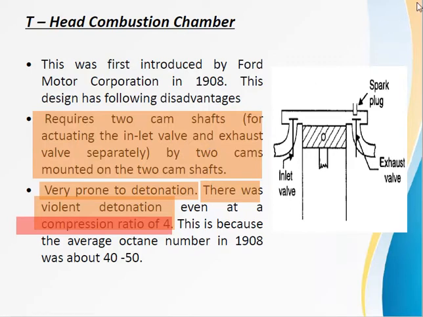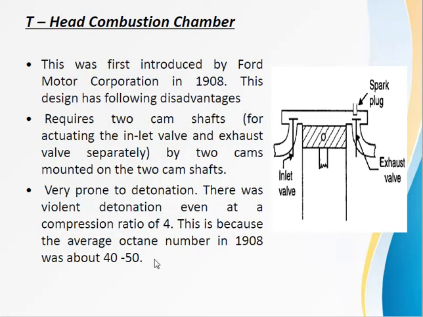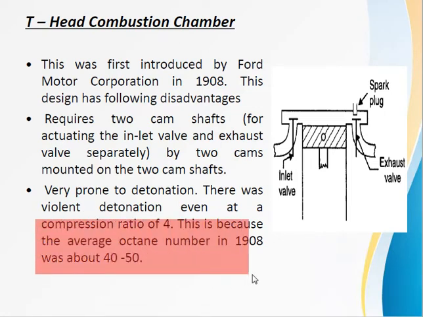So in 1908, in those days, the average octane rating of the fuel was 40 to 50. So the octane rating was quite less, and so it was prone to detonation. So the disadvantages are what? Two camshafts. It can use only a low compression ratio, 4:1, and is highly prone to detonation because the octane rating is less, that is 40 to 50.